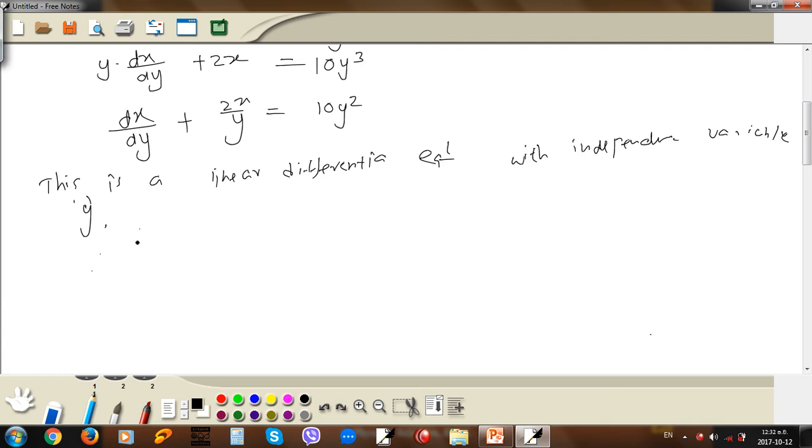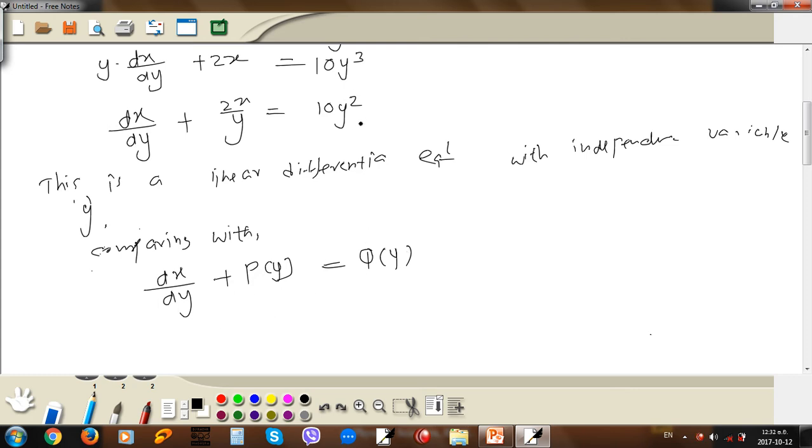Now we compare with the general form. We have to make a little change in our general form. Earlier we used dy by dx, now we have to use dx by dy plus p of y times x equals q of y, because the independent variable is y, so these should be functions of y.